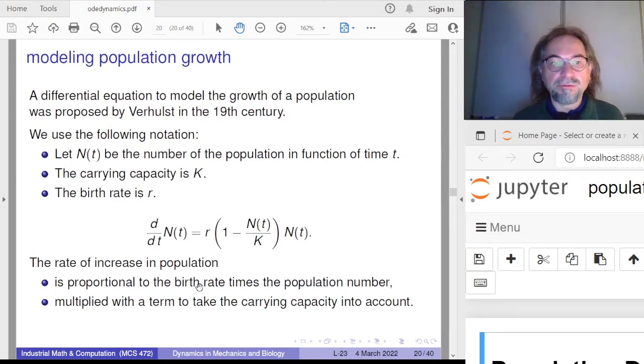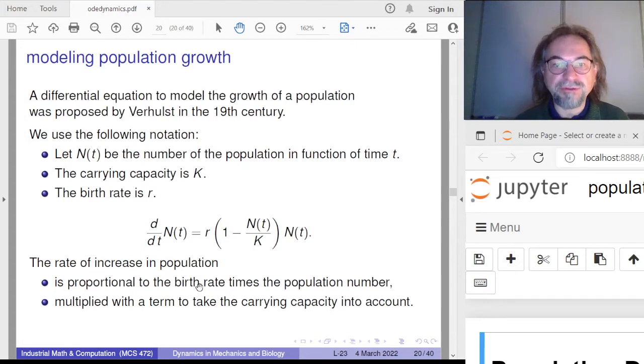But if we don't consider the carrying capacity, we have exponential growth, which is not really that realistic. So the rate at which the population changes depends on the birth rate times the size of the population. But then there is this factor that takes the carrying capacity into account. This factor will get smaller and smaller as the population approaches its carrying capacity.